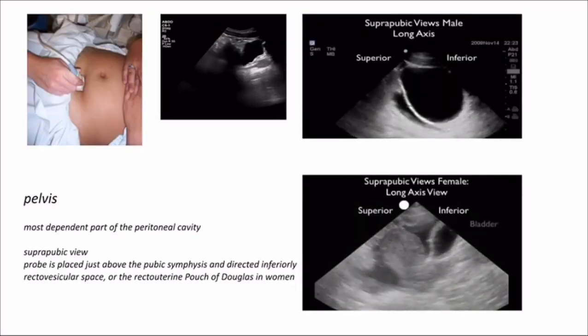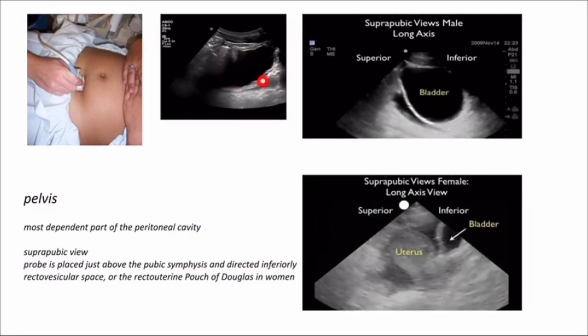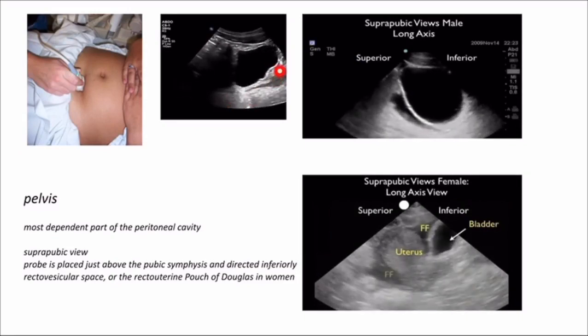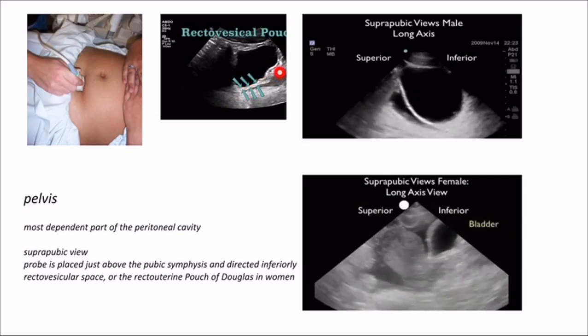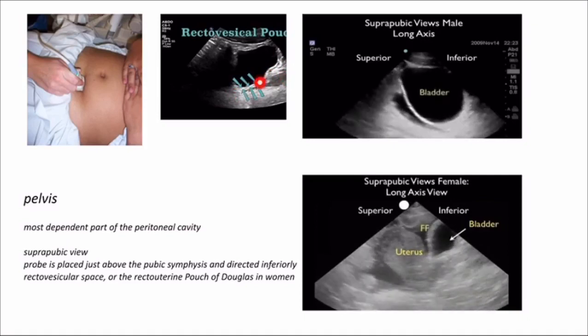So these are real-time images, and this is an example of a normal rectovesical area in the male, wherein there's only a thin line of fat coming from the urinary bladder and the perirectal fat.